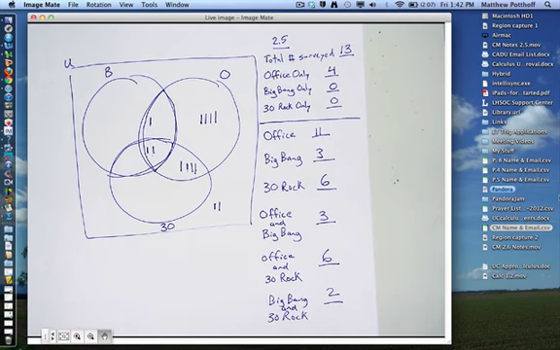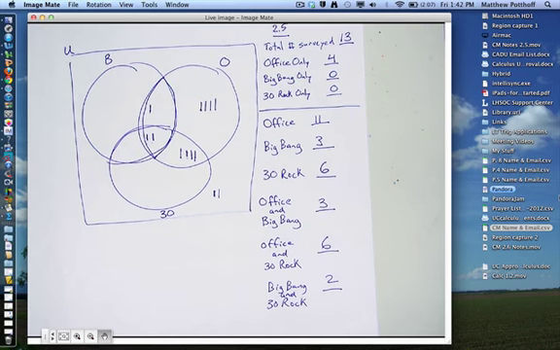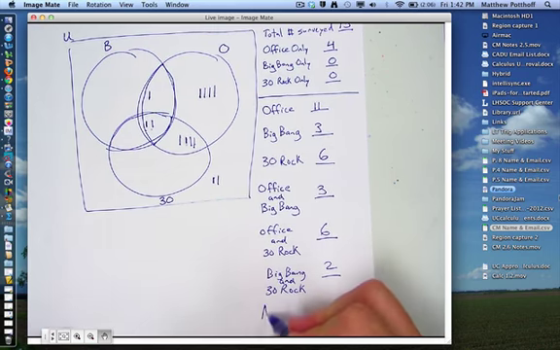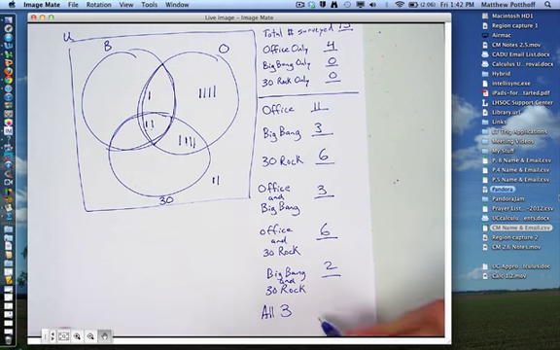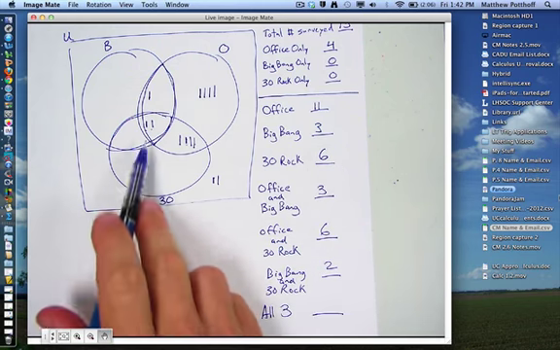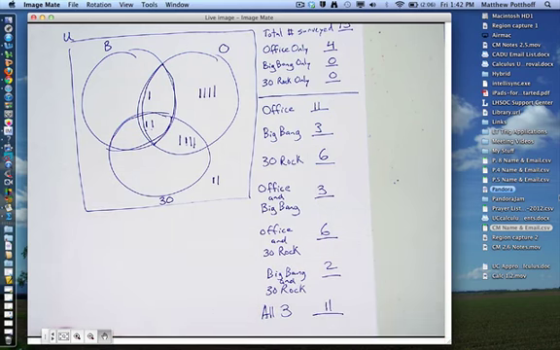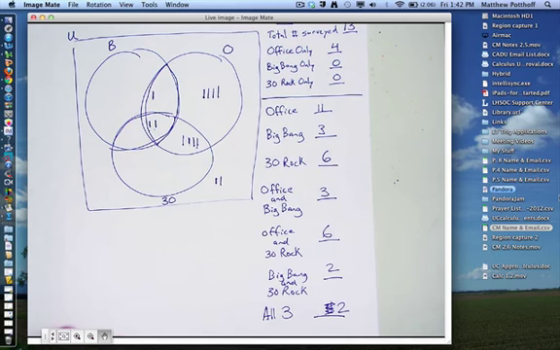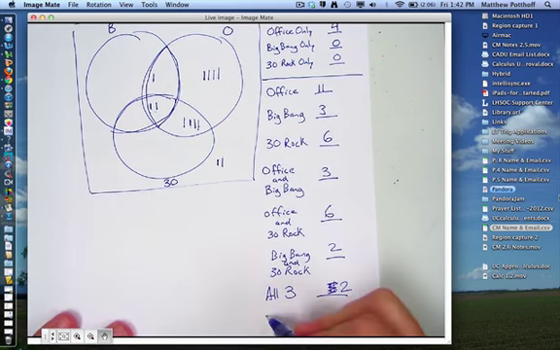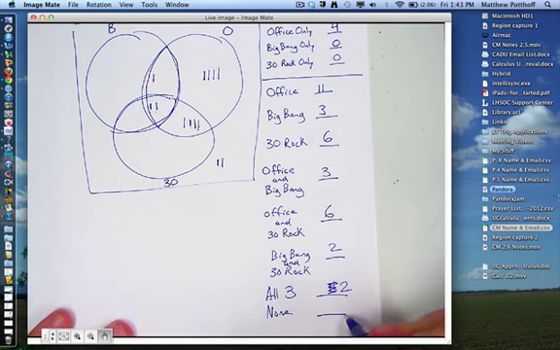Okay. And then only 2 more things to find here. And that's how many liked all 3. And that's just right in the center, region 5. Oops. It's not 11. It's 2. And then the last thing you have to find is how many liked none or watched none of the shows.